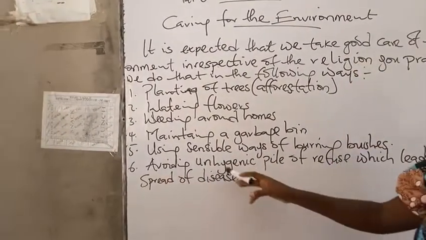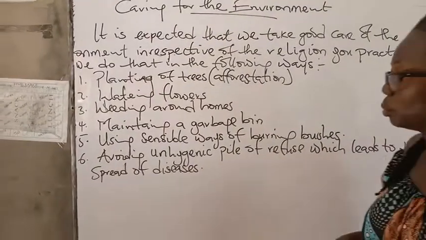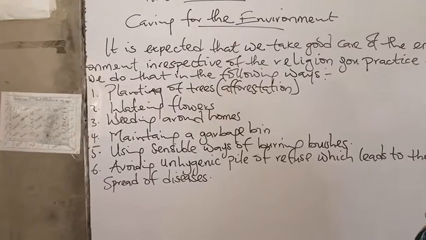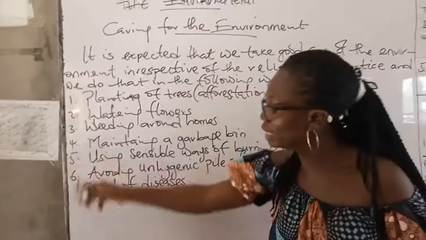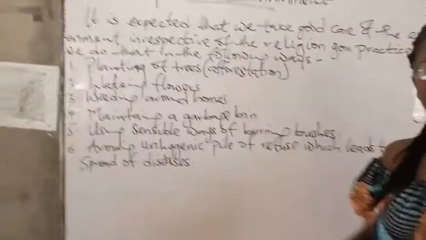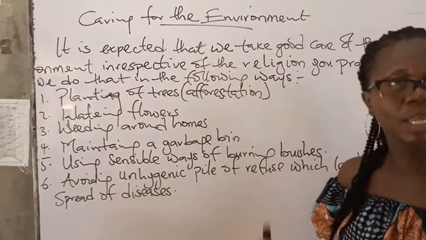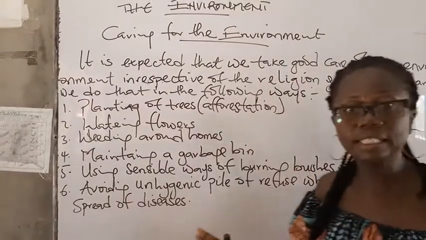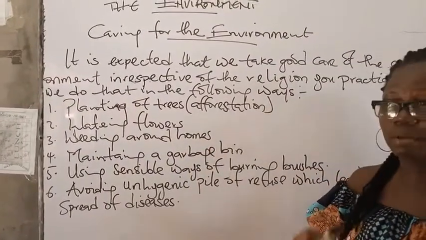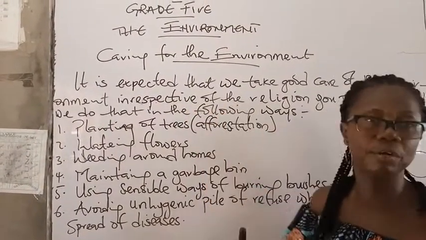Number 6, avoiding unhygienic pile of refuse, which leads to spread of diseases. It's also related to number 4, maintaining a garbage bin. Piling of refuse is wrong, keeping them without disposing them. The government created some specific places, even some companies that come to take our garbage and dispose of it far away.